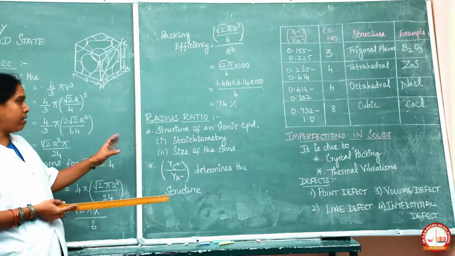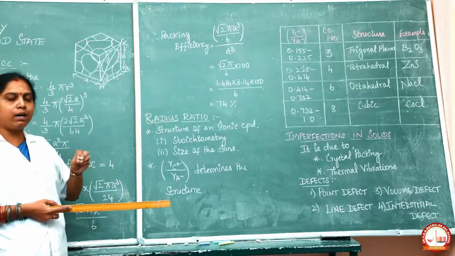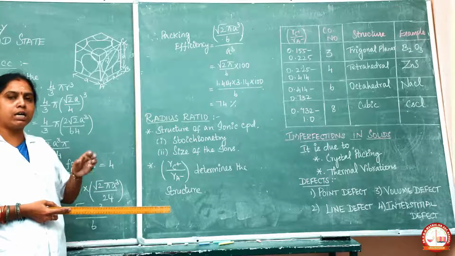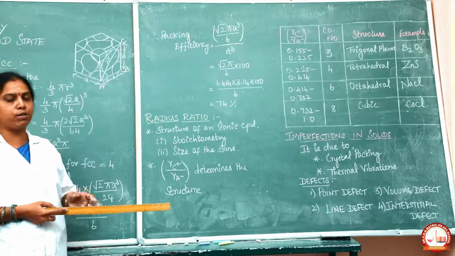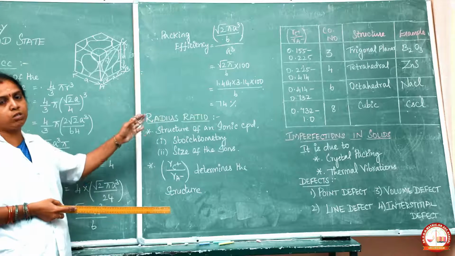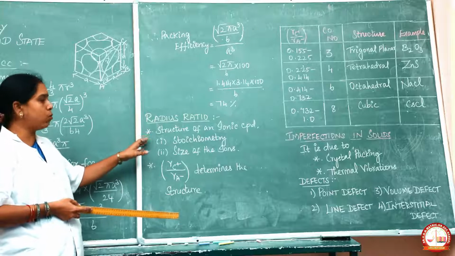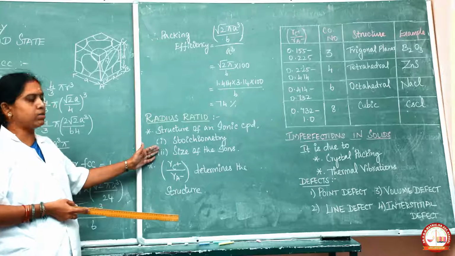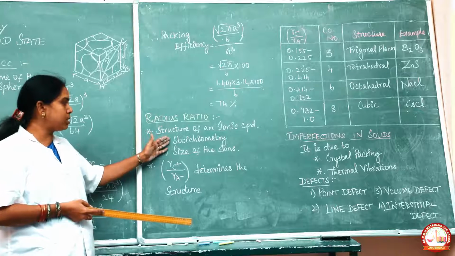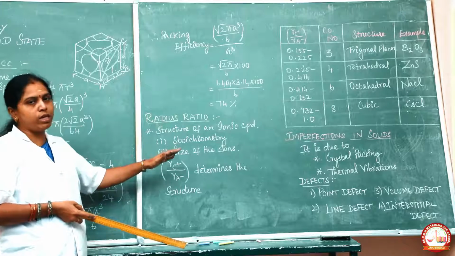This radius ratio value helps us find out the structure of an ionic compound, especially for ionic crystals, where we can predict the structure using the radius ratio. The structure depends on two factors: the stoichiometry of the crystal, that is the balancing of the ions, and the size of the ions.